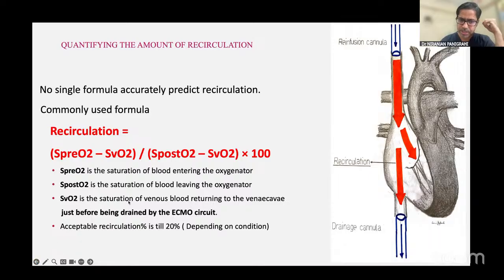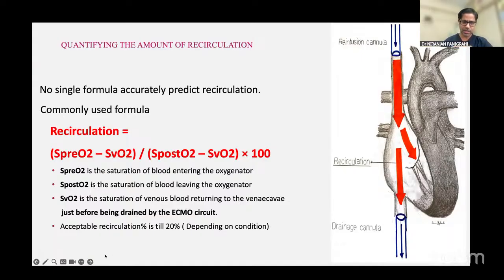Now, sometimes it happens that suppose your IVC cannula, instead of going into the RA, enters into the IVC. So that goes into a total recirculation, and we have encountered patients in this kind of scenario. It can cause sudden desaturation and the patient can arrest.